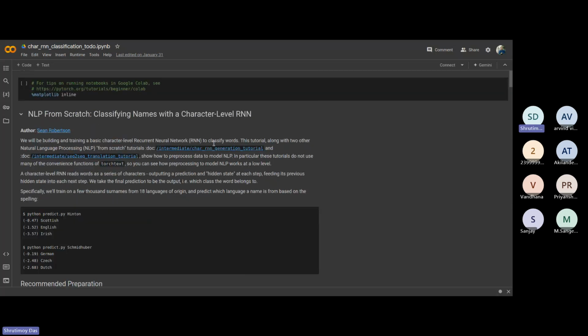If you are running on Colab, you can just download the notebook and run it on Colab.